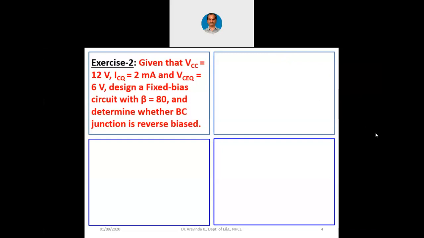Without working out, you will not be able to understand the second year's electronics and communication courses. 47 students are in the class, whereas only one student is giving the answer. What about the others?